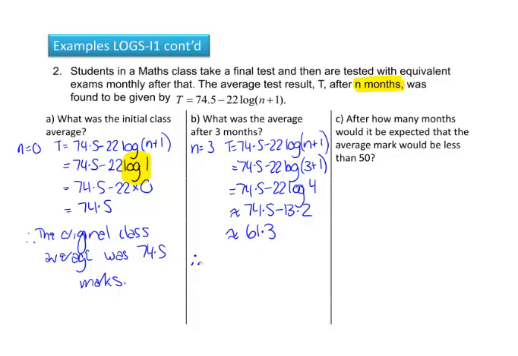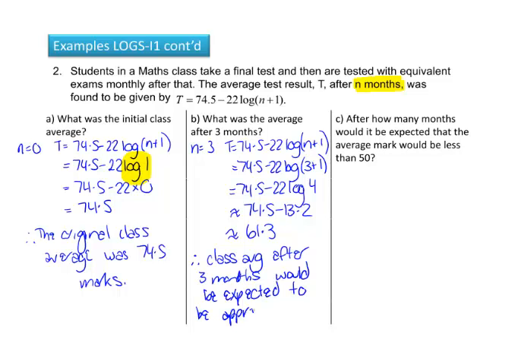So therefore, and I'm not going to write this out in full because I'm trying to save time, the class average after 3 months would be expected to be, remember we're using a model, so it may not be exact, approximately 61.3 marks.